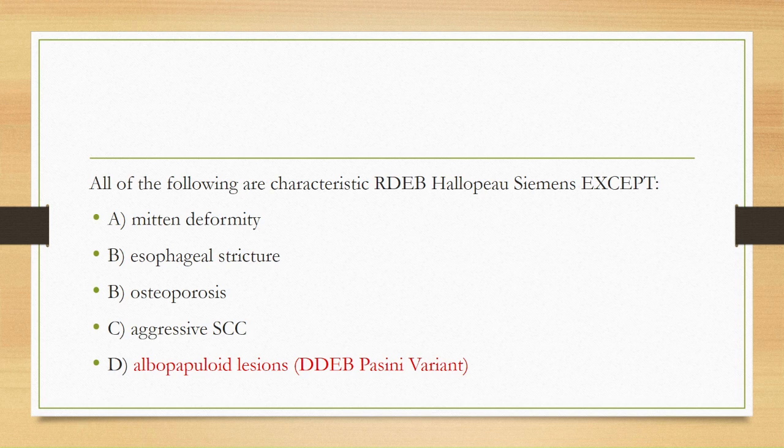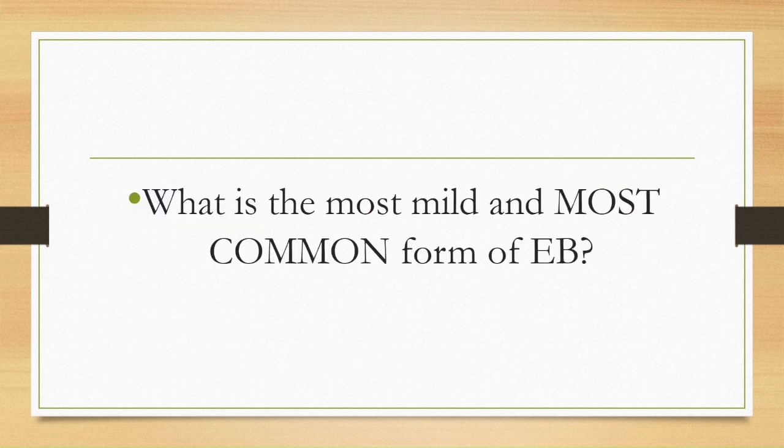Significant oral involvement can lead to scarring down the esophagus. Osteoporosis is something we did not go over, but the key in terms of test taking is that you should have known that the dominant dystrophic EB Pasini variant has the albopapuloid lesions.